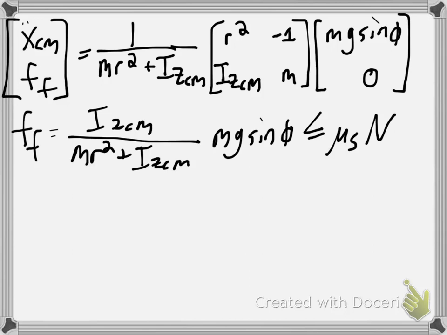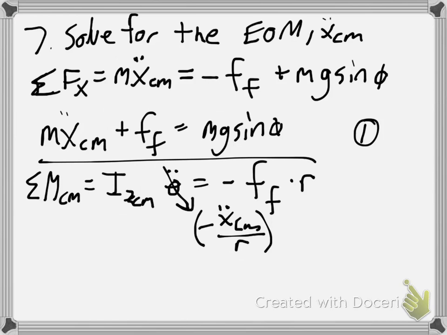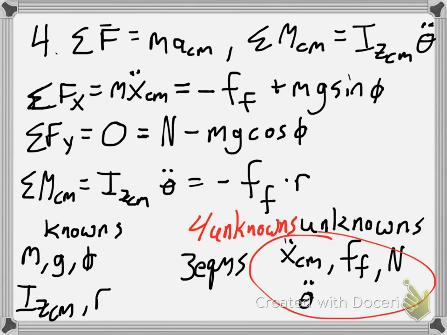Well, n was our fourth unknown in our system. From our sum of forces in y, n would be equal to mg cosine phi.